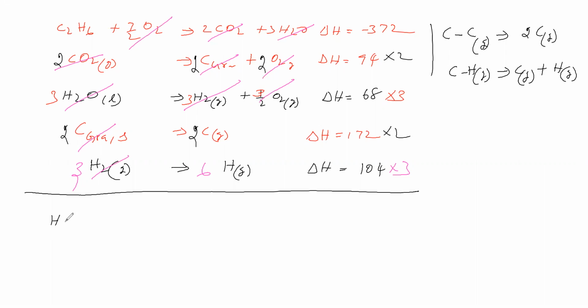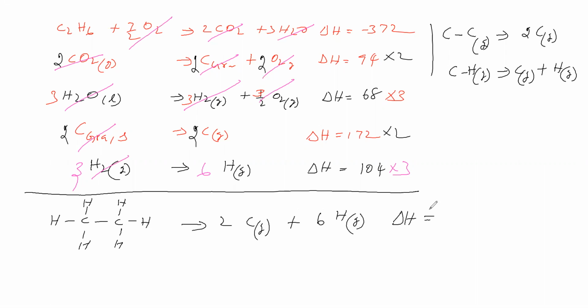Ethane we can write as the structural formula. We know that we write the structural formula like this. Ethane then gives 2 carbon atoms in gaseous state plus 6 hydrogen atoms in gaseous state. Now, for this equation we know delta H by adding all; we got the delta H value.